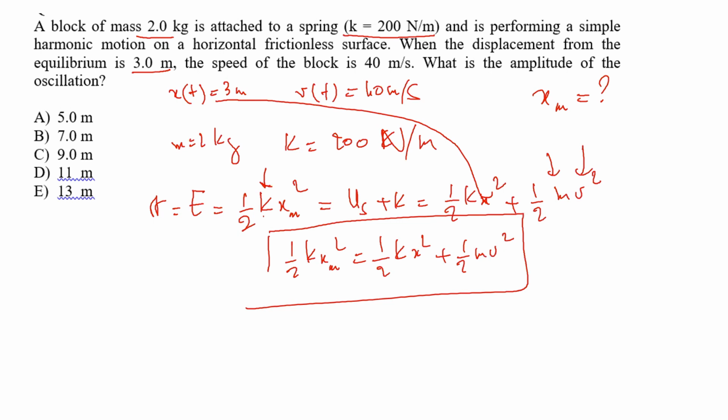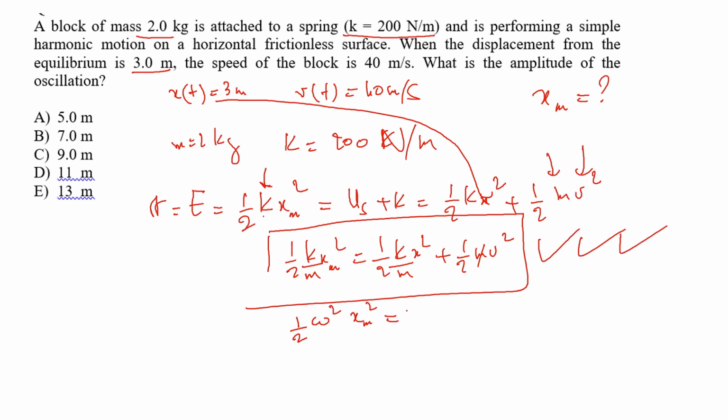Now, if I divide here by m, I divide here by m, and I divide here by m. So k divided by m is omega squared, right? So I will have half omega square x max square. So I already solved the problem. I'm talking about something else here.